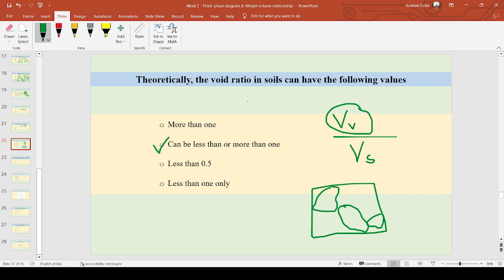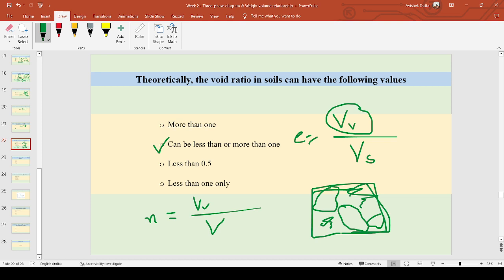Now there comes a catch. This will have a particular restriction for porosity. Why? Because in case of void ratio it is this, in case of porosity it is volume of void by total volume of the soil. That means this volume of void divided by the entire volume. Now the volume of void will obviously be less than the entire volume, right?